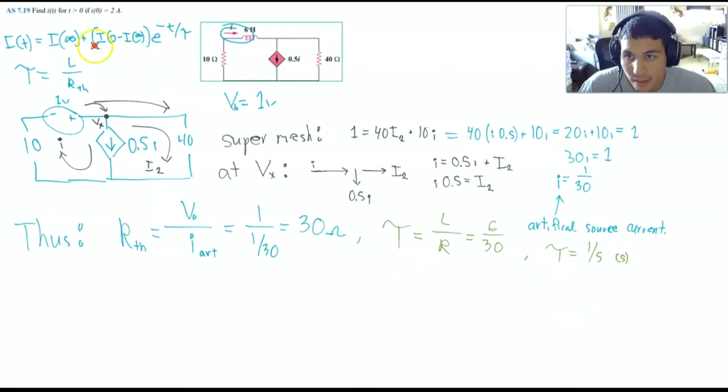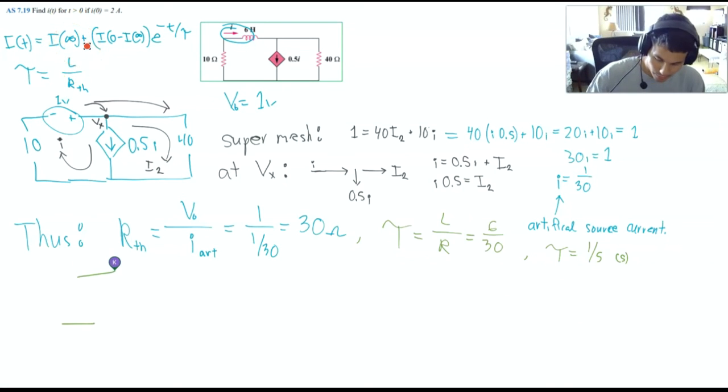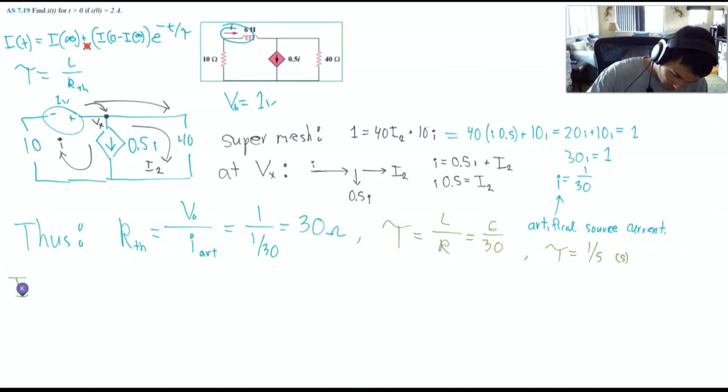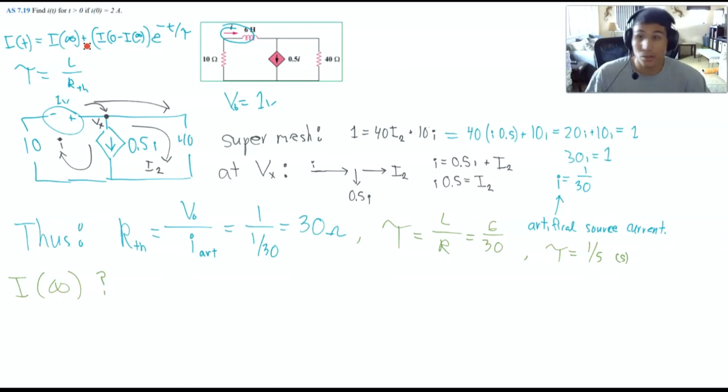Okay, so almost done already. Now we just have to think about what i infinity is. Now, the way you can actually think about this, there is going to be no math for i infinity because it's just 0. Now, you're like, how is it 0? How do you know it's just 0? Okay, look at this.